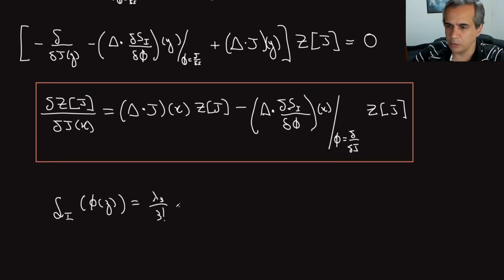The one I'll choose is this one, which is a combination of a phi 3 interaction and a phi 4 interaction. Let's suppose we have both in our Lagrangian.